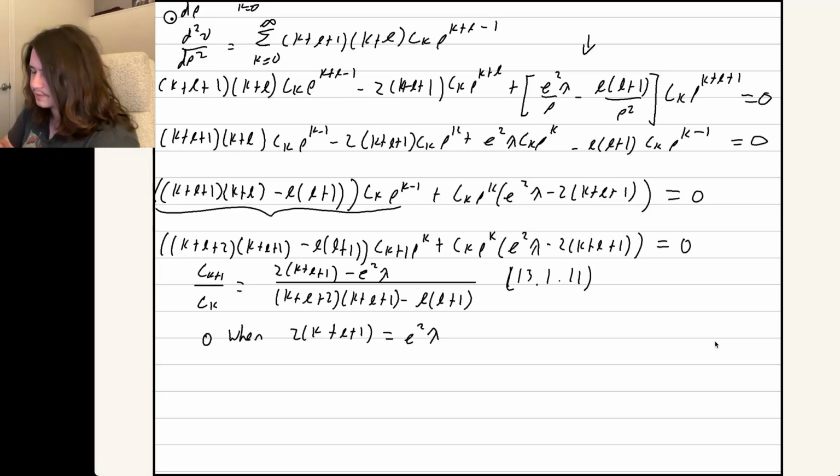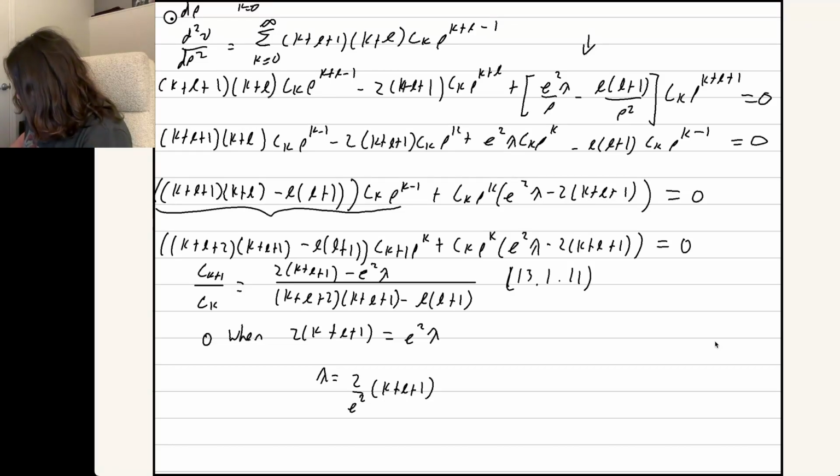Makes sense. So you're solving for lambda, so you're just saying e squared over 2 over e squared times k plus L plus 1.